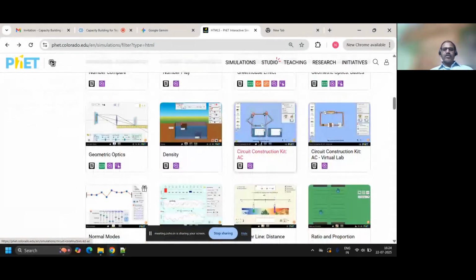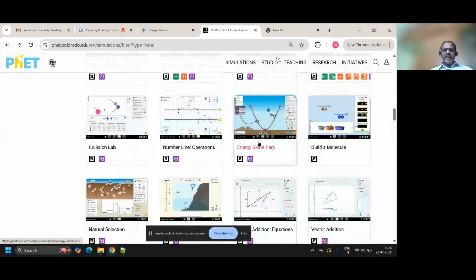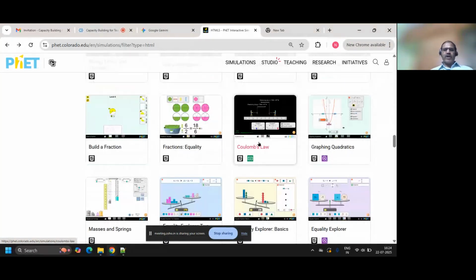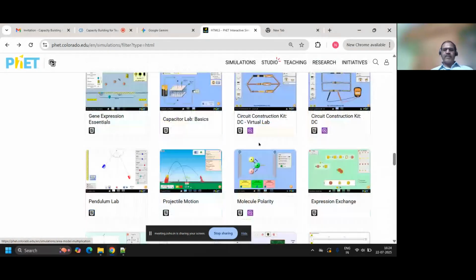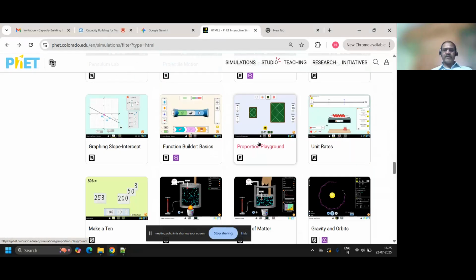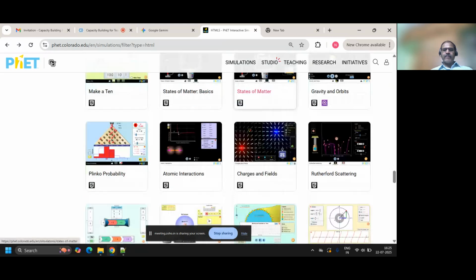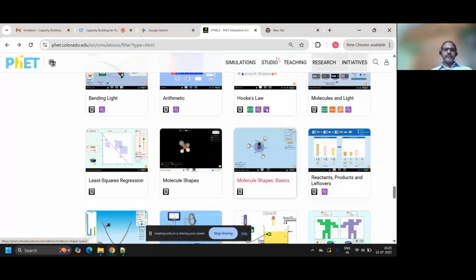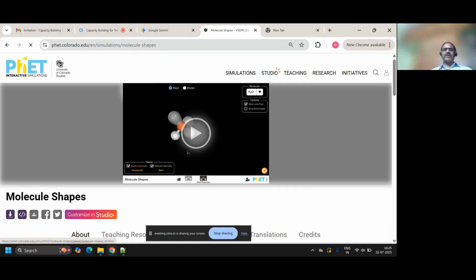I am talking in slow English so that anybody can understand. With minimal vocabulary, minimal knowledge in words, people can understand a lot. So that's why I'm talking at a very slow rate. Just wait. I'm going to show you molecule shapes. This comes in chemistry.